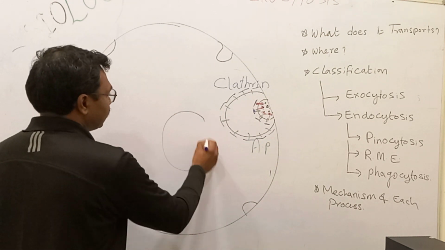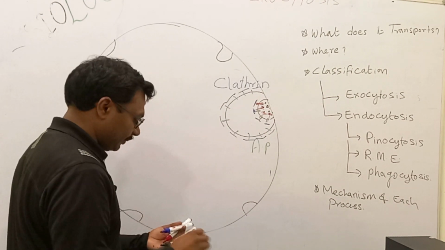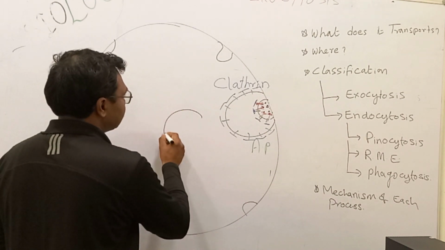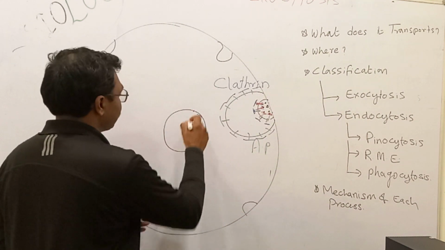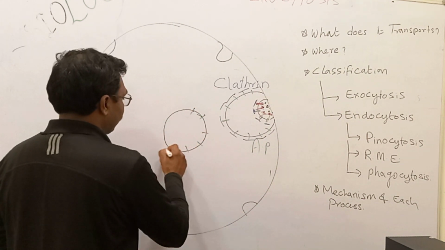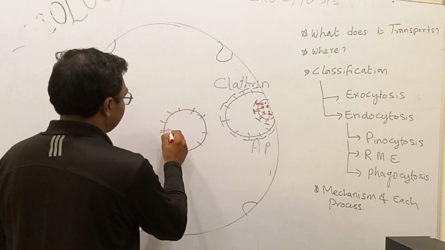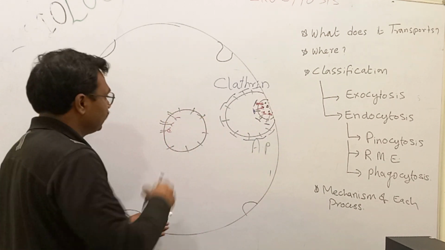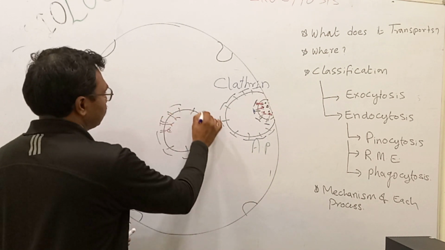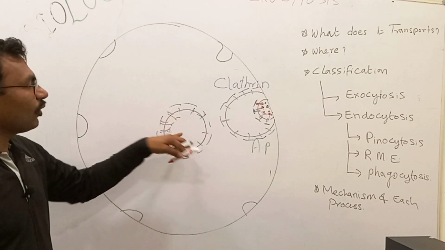After that, it releases from the cell membrane and forms the vesicle, with the receptor and again clathrin. So this is how the endosome is formed.